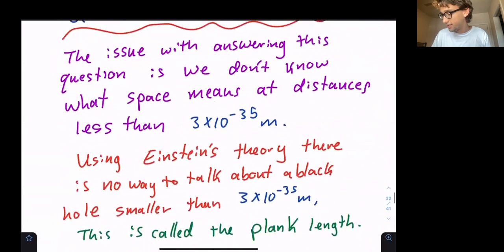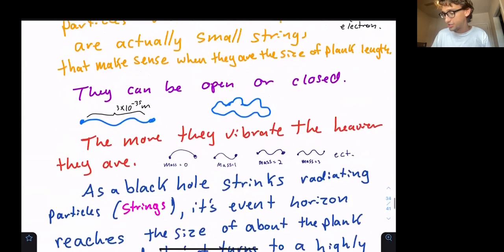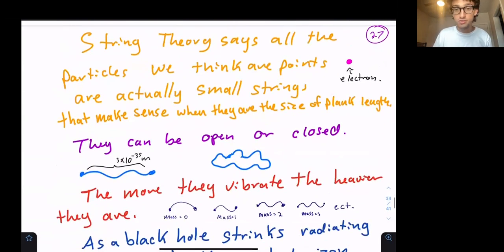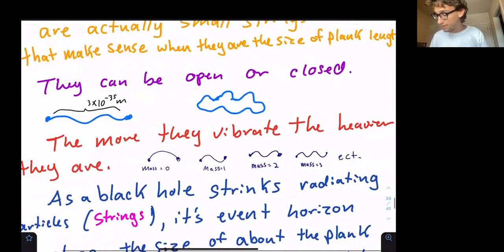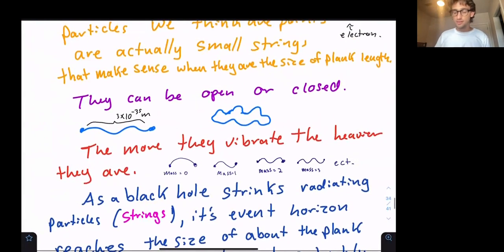One of them is string theory, where particles are just strings that are around the size where classical gravity, general relativity, breaks down, about 10 to the minus 35 meters. The more they vibrate, the more massive they are. Particles with zero mass, like light, picture a string, like a guitar string.